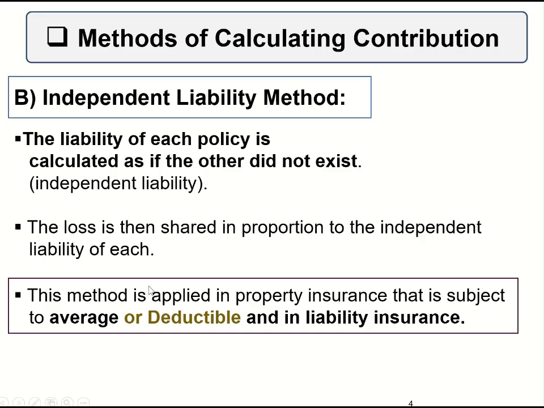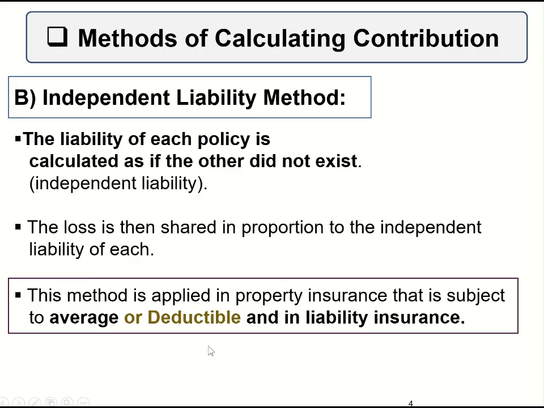Now, when do you use this method? This method is applied usually in property, and usually when there is average, because when average is there in policies, the indemnity by the companies will be different or possibly different. Also, when there are deductibles or excess, because this will make the liability under the two policies different.